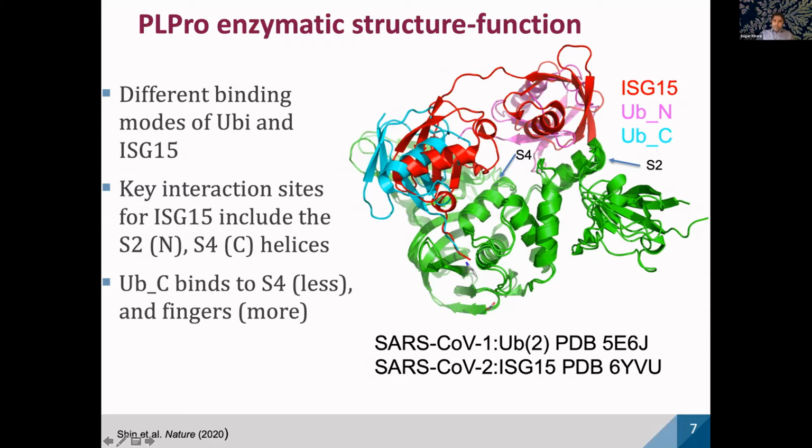So diubiquitin is essentially two ubiquitin domains, and each of those domains is shown in cyan and pink here. And the ISG15 protein from the previous slide is shown in red.